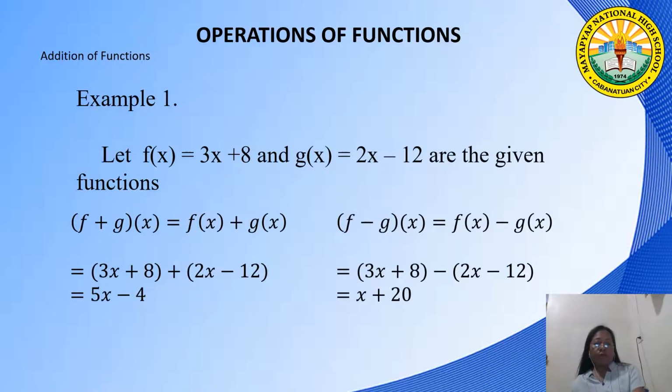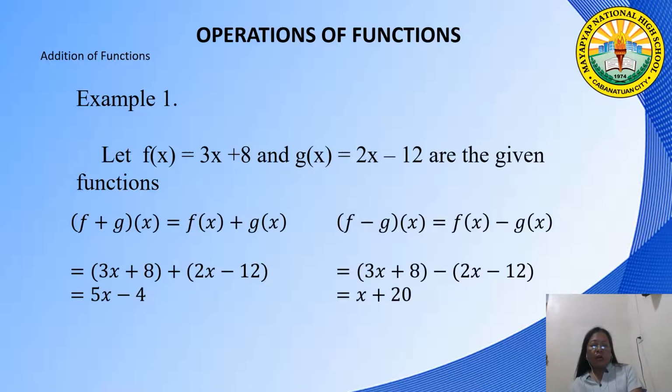So we have 3x minus 2x is x, then positive 8 minus negative 12. So negative 12, you change the sign, this becomes positive.